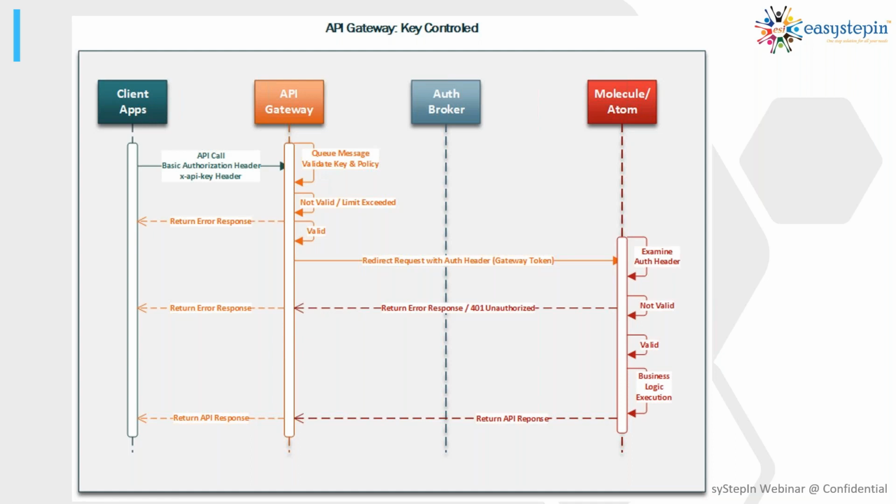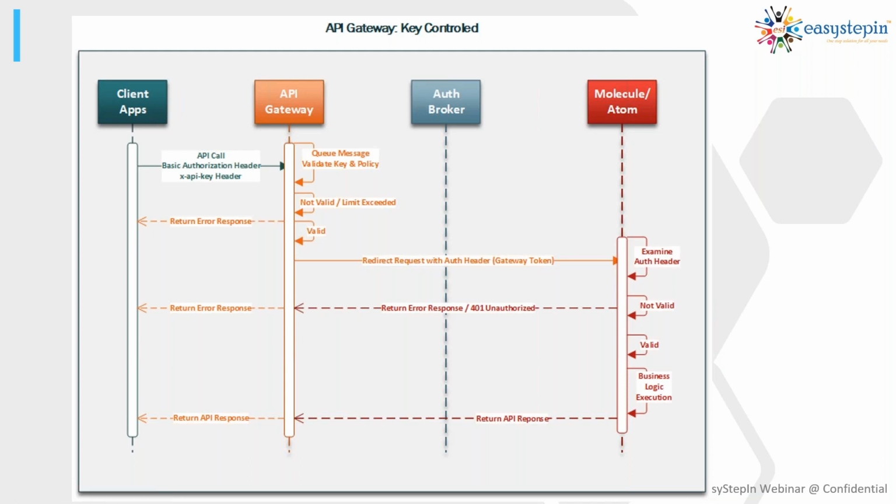Okay, so if it is not valid, it would send an error response. Since it is valid, it has sent the request to Atom. Atom has done the auth header check, and if it is not valid, it would have returned 401 unauthorized error. Since it is valid, it has done all the business logic and given the response back, API response.